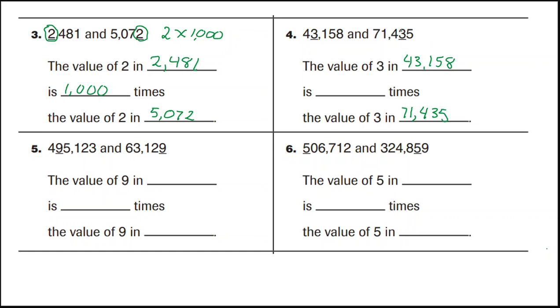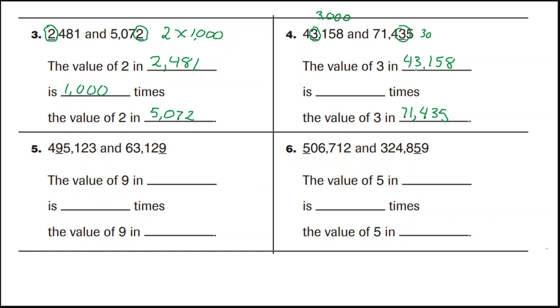Okay, well, this one right here is worth 30, and this one right here is worth 3,000. Now, here's a nice little trick: every time you move to the left, the value is 10 times bigger than what it is to the right, okay? We're in a base 10 system. So if the 3 is right here, that's really worth 30, right? And if the 3 is right here, that's really worth 3,000, right?